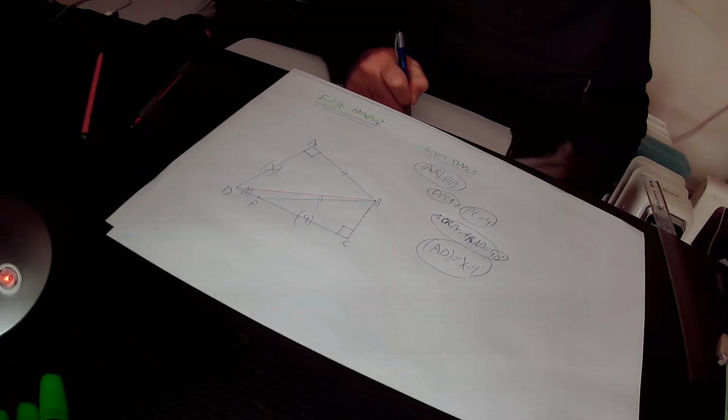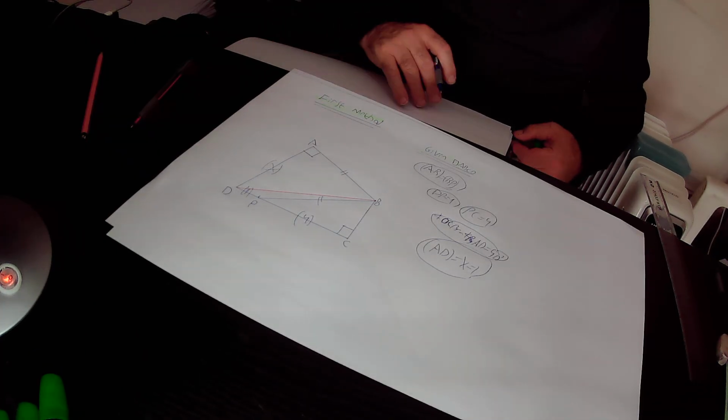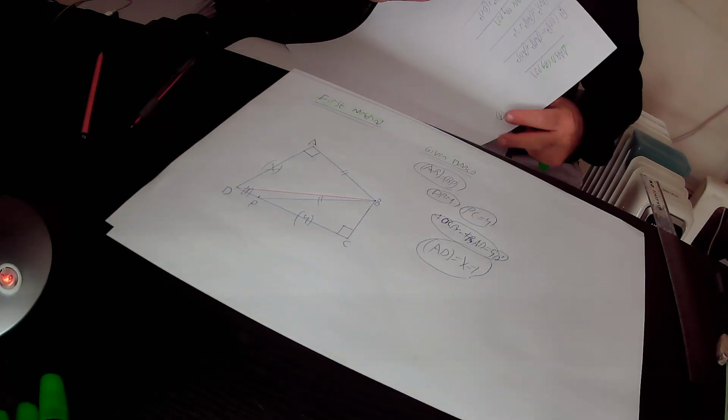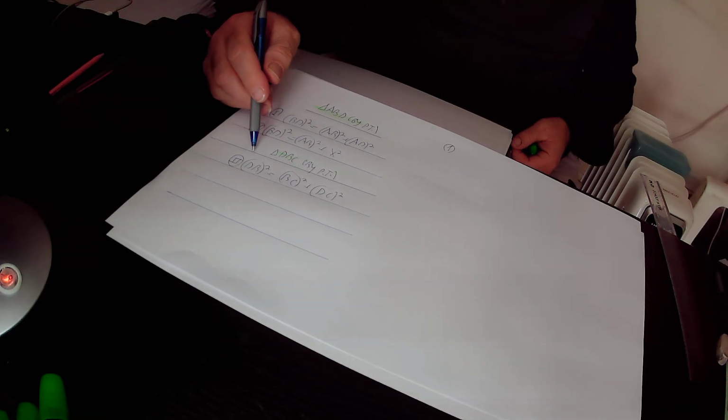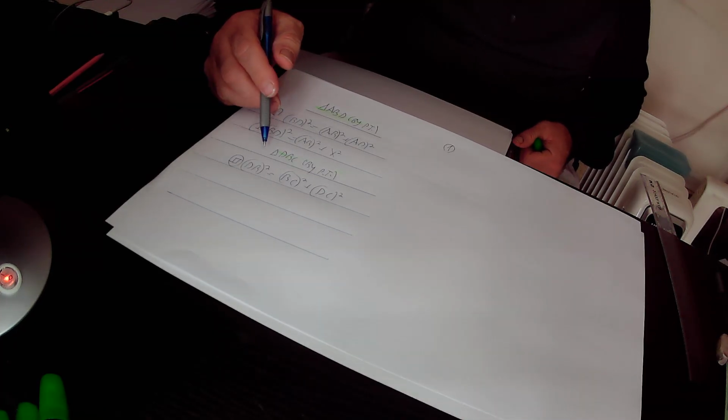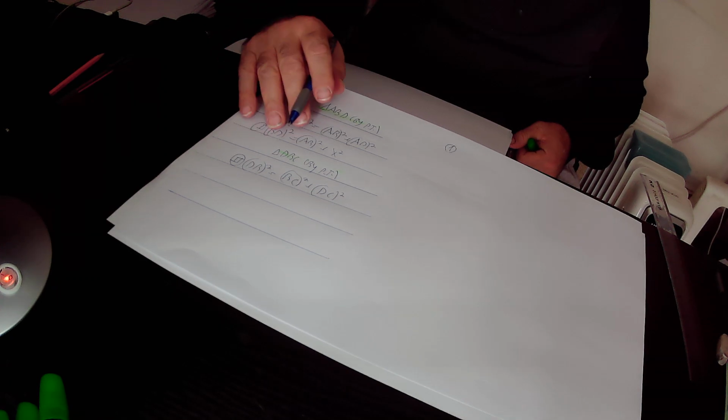And again, in this right lower triangle DBC, according to the Pythagoras theorem, the following equation is true. DB squared, that is the square of the hypotenuse, equals BC square plus DC square.